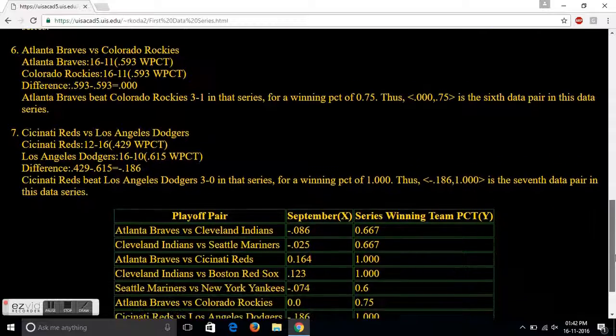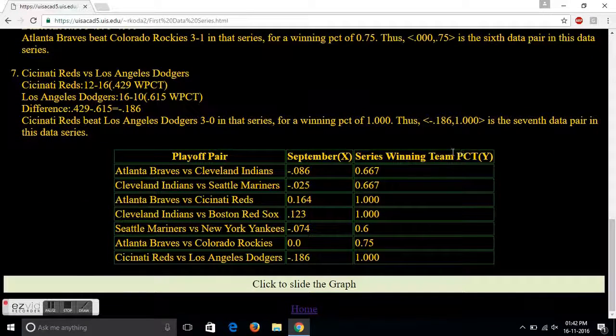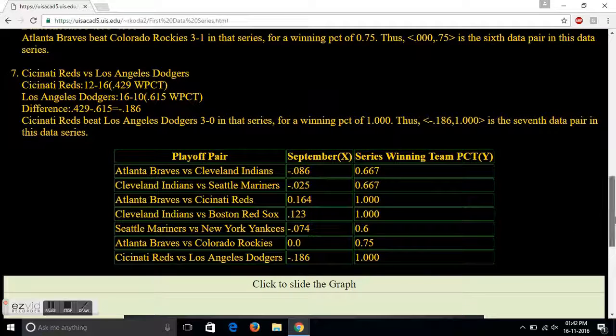These x and y coordinates are calculated and are grouped in a table. So now a graph is plotted. We can view this graph over here.